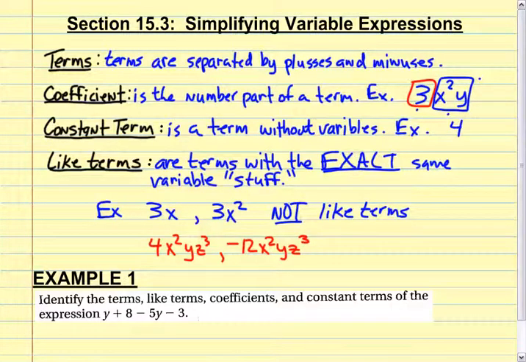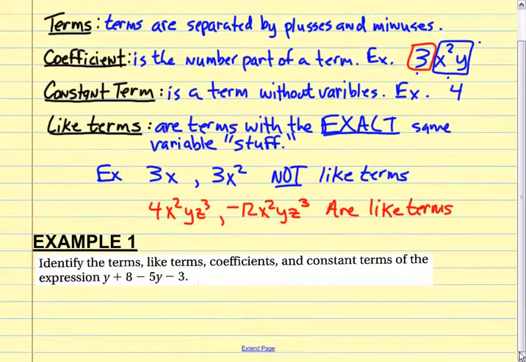Are those like terms? Why? Because they do the exact same variable stuff. But wait a minute, the numbers in front of the variables aren't the same. It's just the variables that we're worried about. They are like terms because they have the exact same variable stuff behind them.